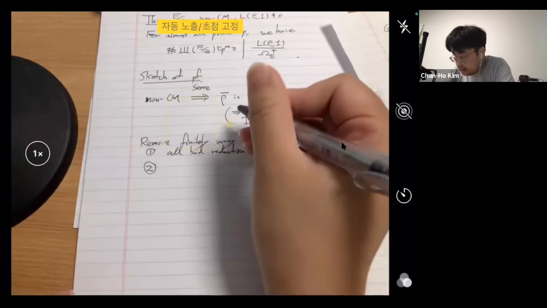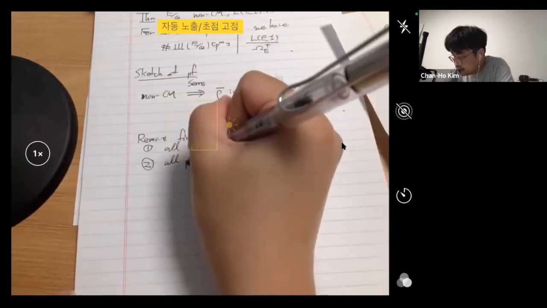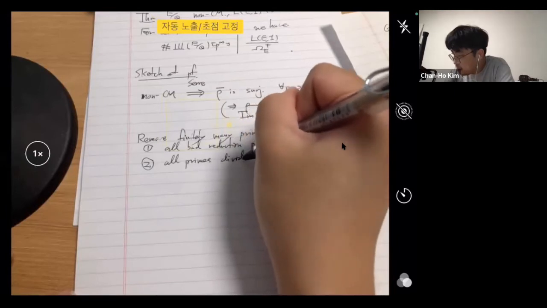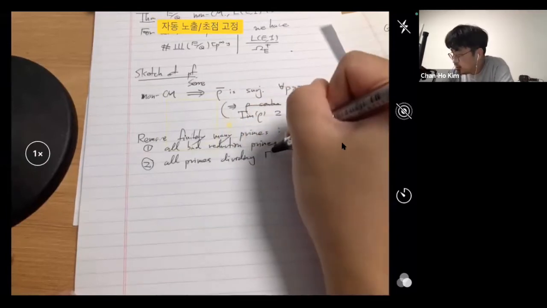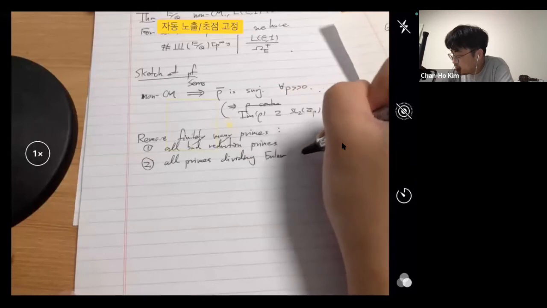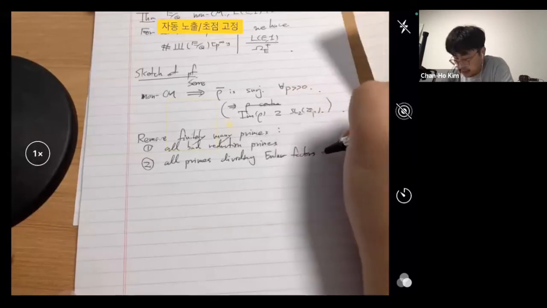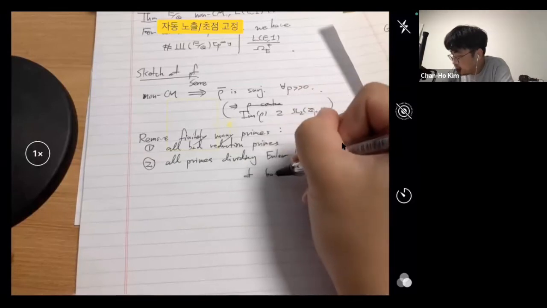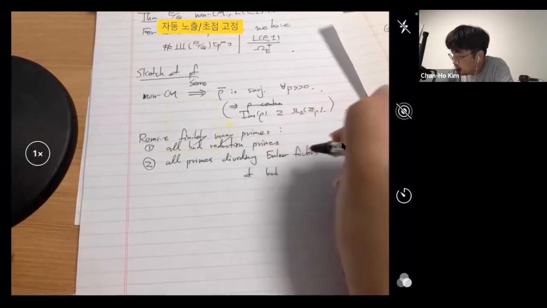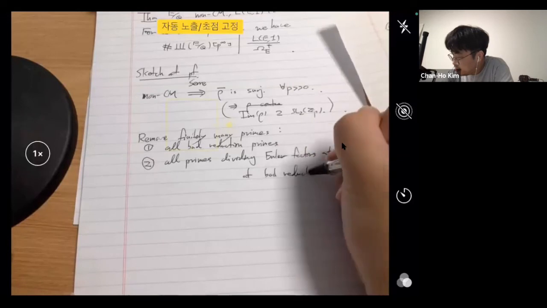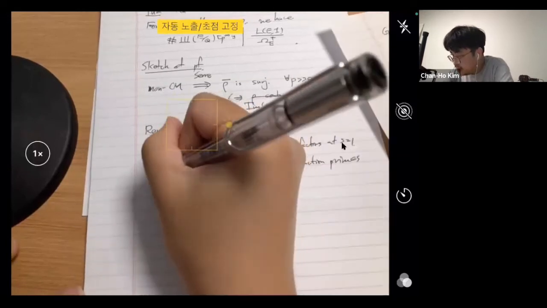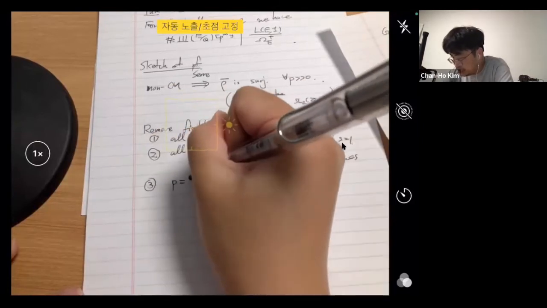Second, all primes dividing all vectors at s equals 1 at bad reduction primes. And third, I just remove p equals 2.